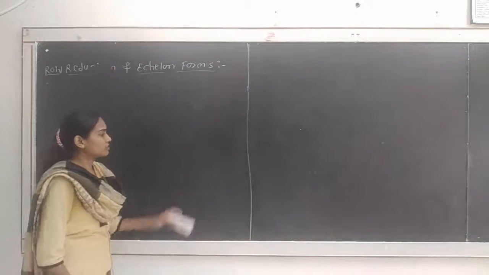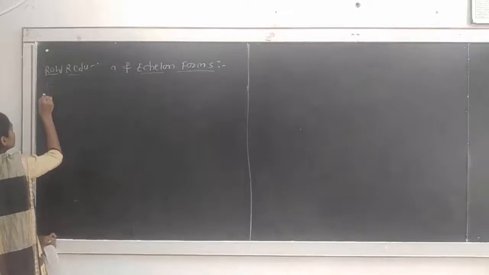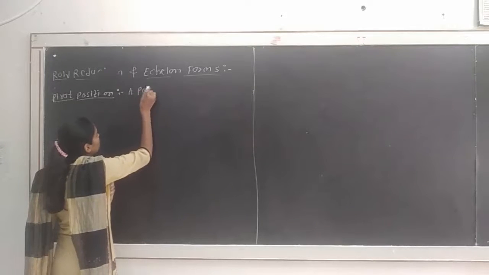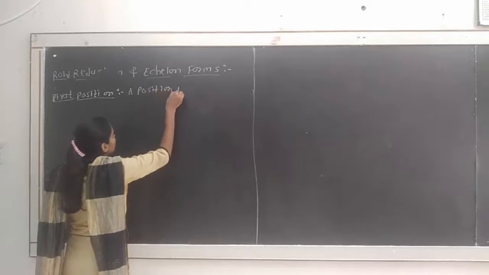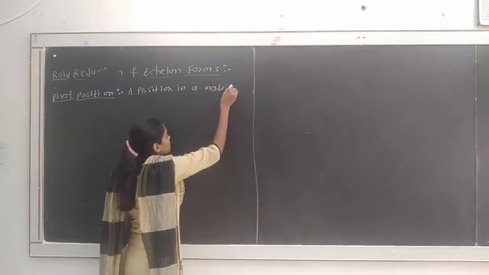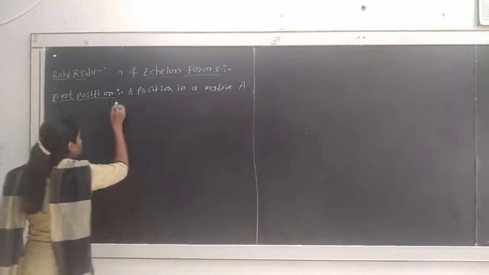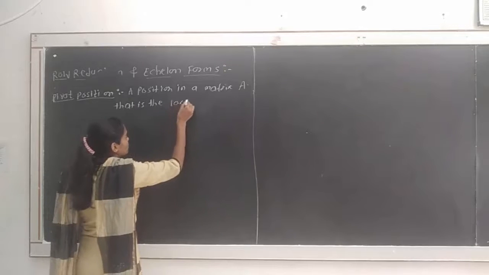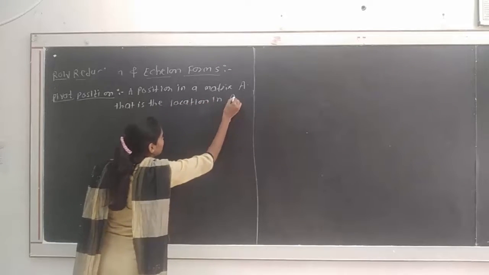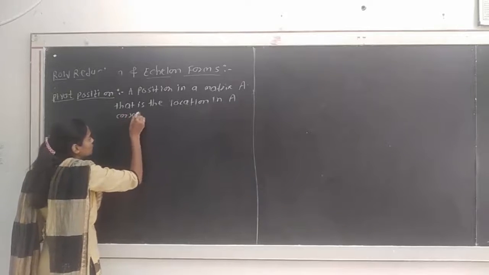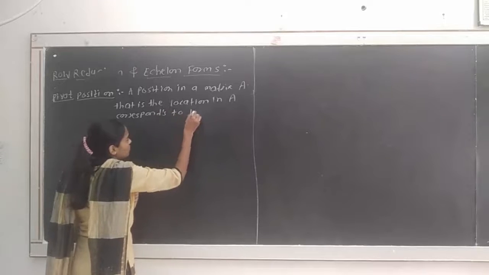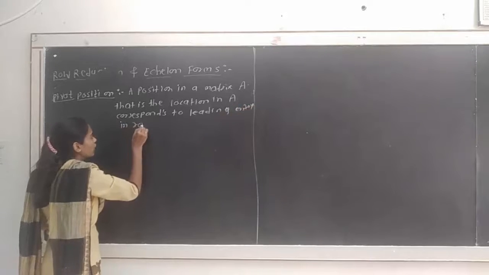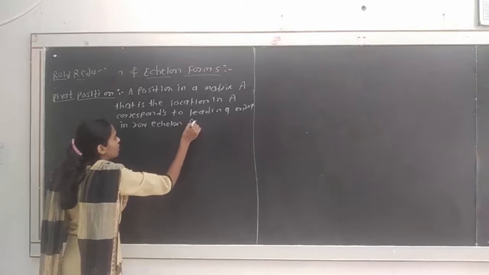Okay, so again here we see another definition, that is the pivot position in a matrix A. The pivot position is the location in matrix A that corresponds to a leading entry in row echelon form.